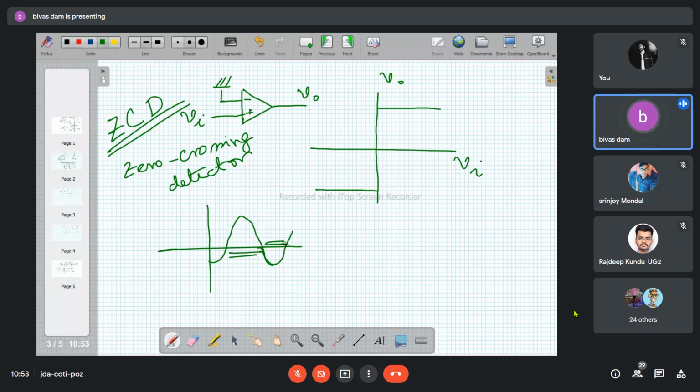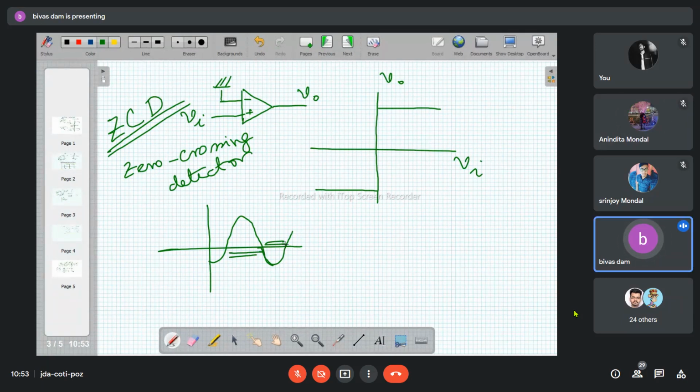For pure AC it will be 50%, but for non-pure AC, that means AC with some DC shift, we will get some non-50% duty ratio square wave. But the frequency will remain the same. Will the frequency differ? No, sir.